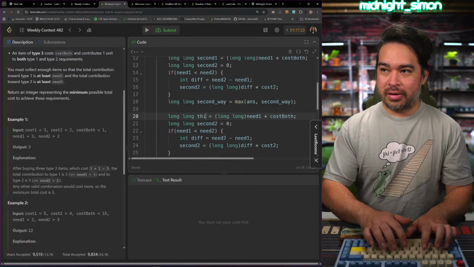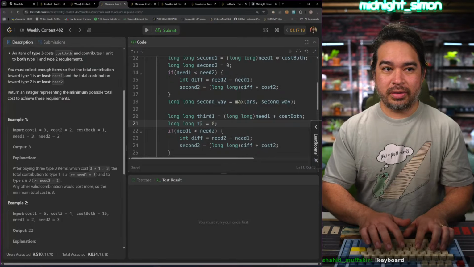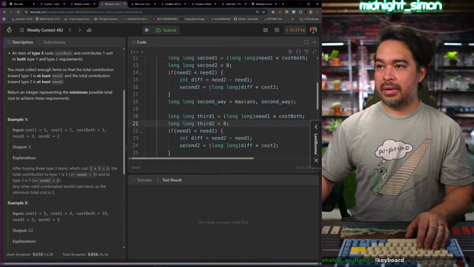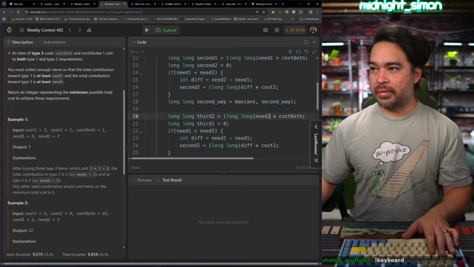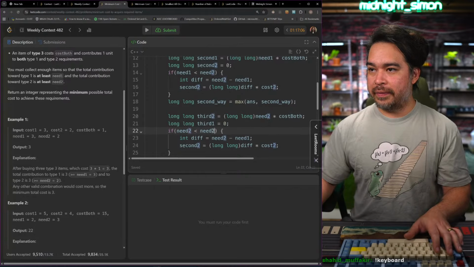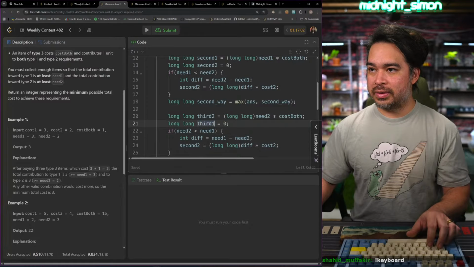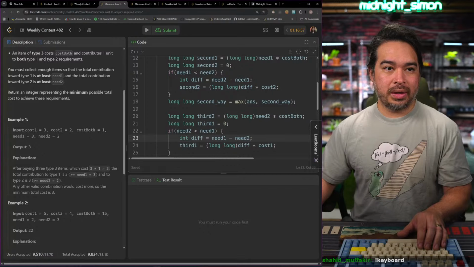So this is third 1, third 2. No, this is third 2, third 1. Need 2, and then if that is less, then we do that, and then this is third 1 is cost 1. Alright.